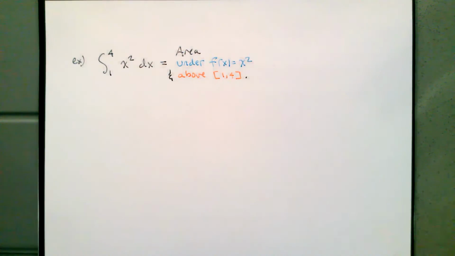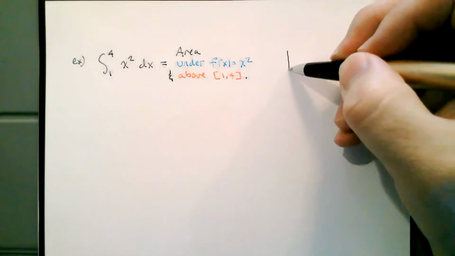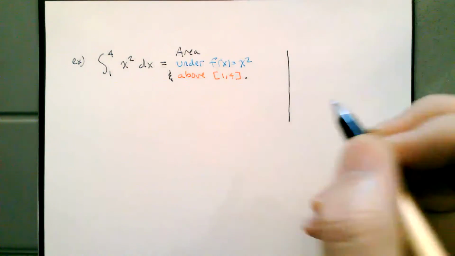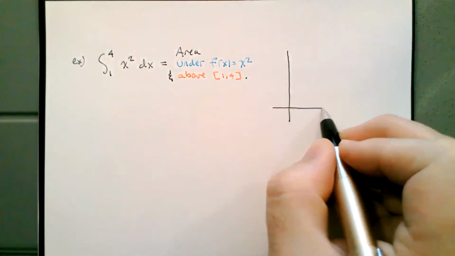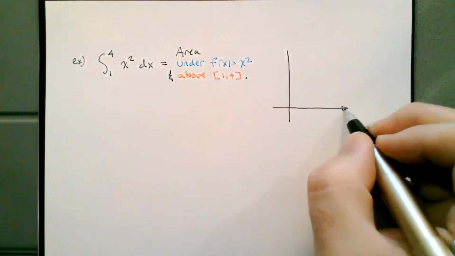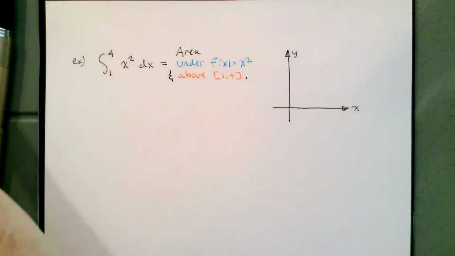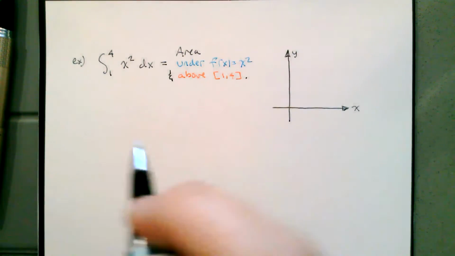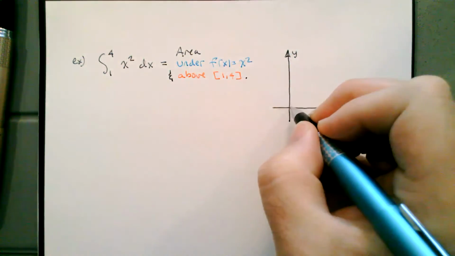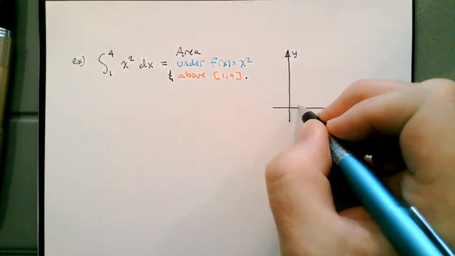Let's draw a picture of this, because we were trained in our algebra classes to always draw a picture. So I'm going to draw the graph of y equals x squared, which is going to be a parabola.